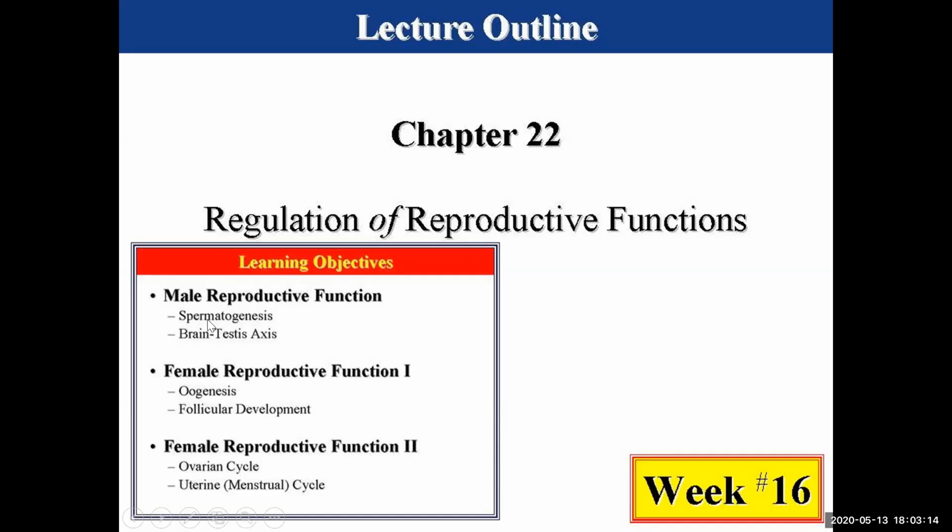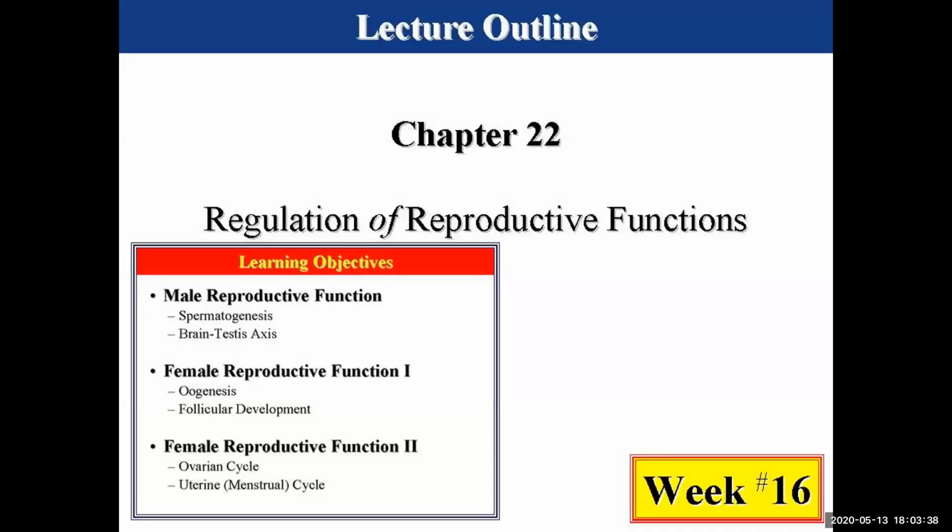So this is a daily production process. In the case of the female, she's not producing any more oocytes when she's born. The production of these female sex cells occurs during fetal development.